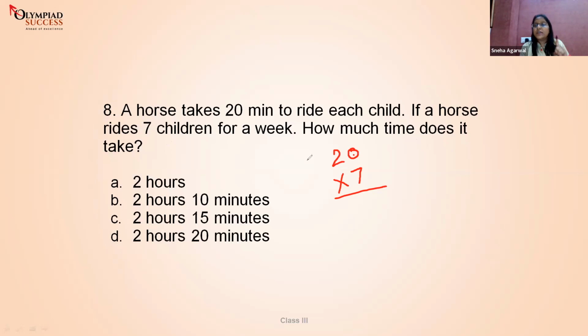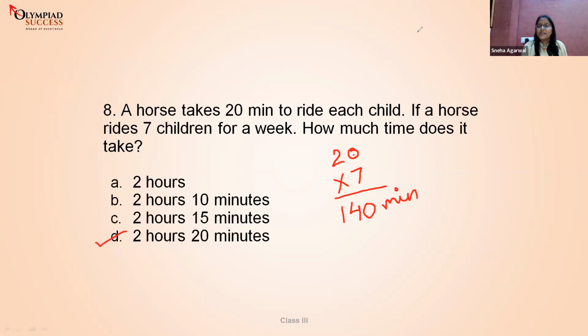For each child, it's taking 20 minutes. So for 7 children, it will be taking 140 minutes. Again, 140 minutes means we have 2 hours, which is 120 minutes, and you are still left with 20 more minutes. So 2 hours, 20 minutes. That's absolutely correct.